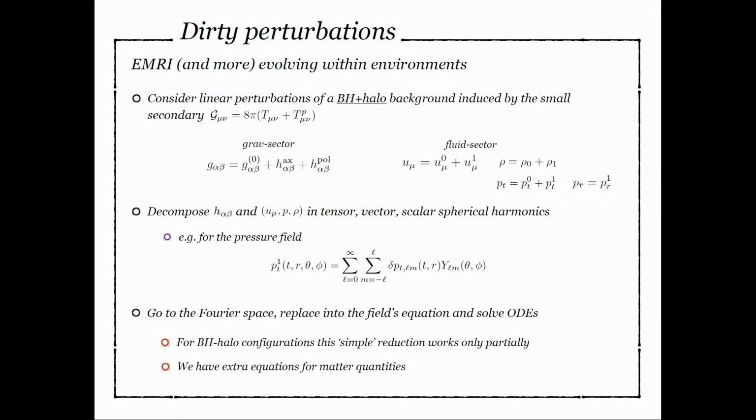The only good thing is that since we are in spherical symmetry as a background, we can still benefit from a property that axial and polar perturbations decouple as in vacuum GR. So you can treat the two sectors, the one corresponding to this and to this, separately.